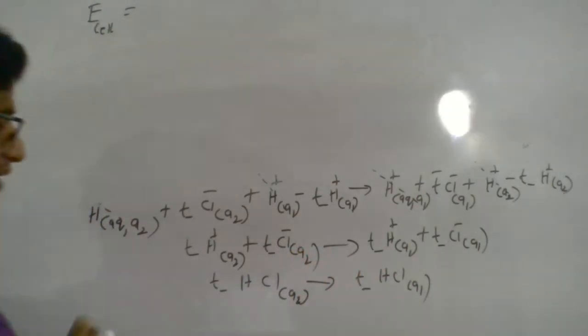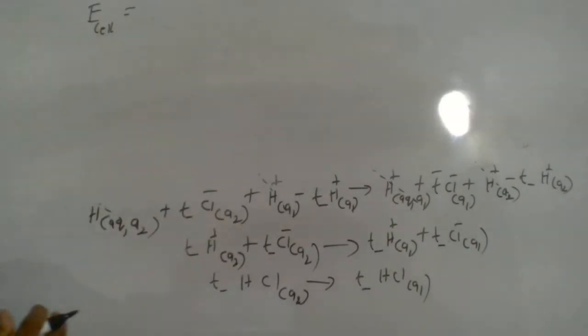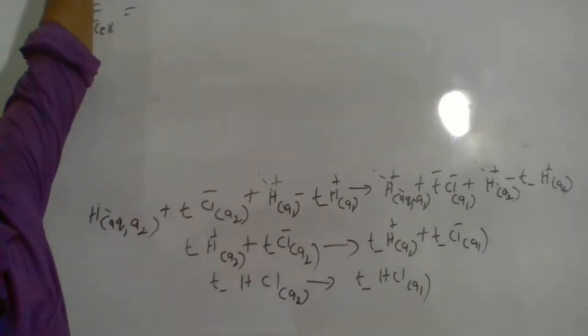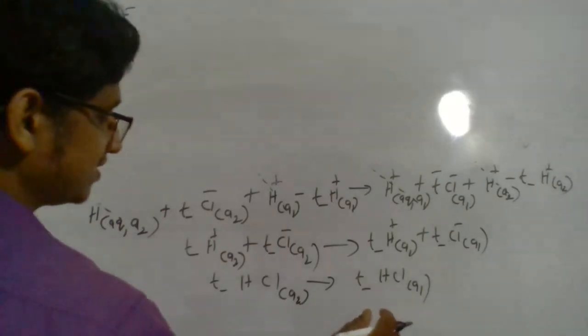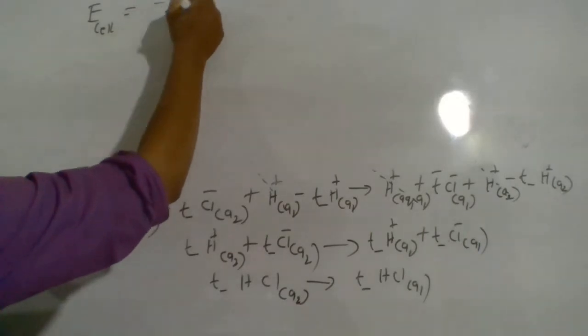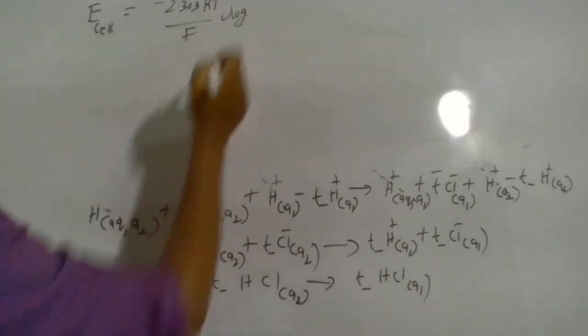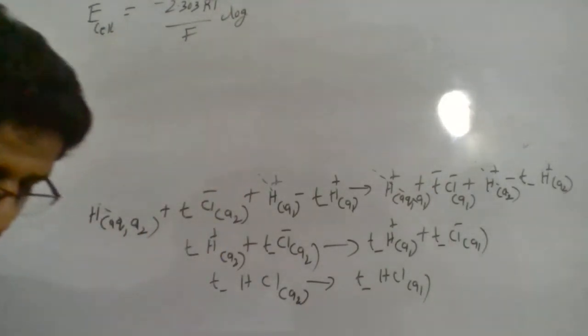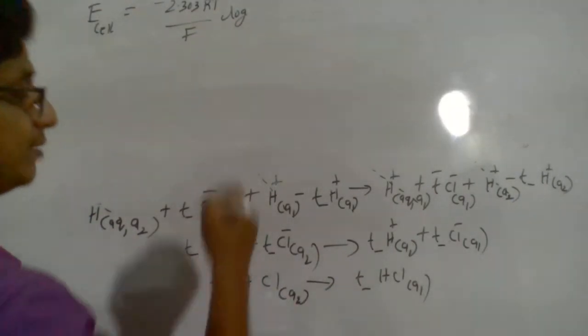Now let us write the EMF of the cell. E cell will be equal to E0 cell minus 2.303 RT by F log A1 raised to t minus divided by A2 raised to t minus. So let us represent this. Here t minus is the stoichiometry, so that will come up.